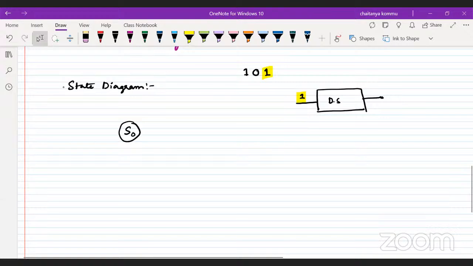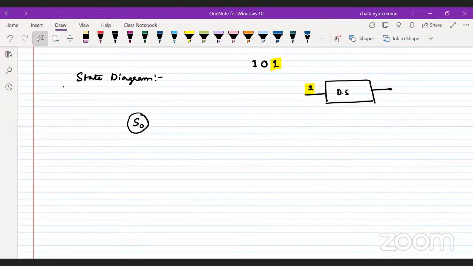Yes, logic 1, if you apply to the digital system, is able to change the state of the digital system. Why? Because 1 is a valid bit in a given sequence.